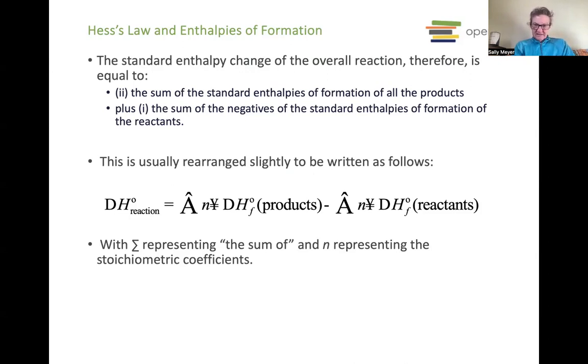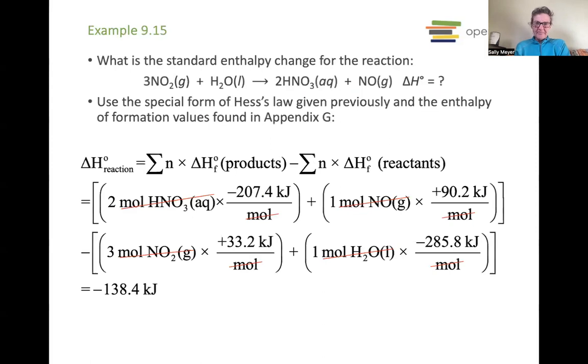So I can just tell you that what this really should say is delta H standard state reaction on the left-hand side, and that A with the hat on it should really just be a sum, with the summation representing the sum of. I'll rewrite this in class for you, but all it's doing is putting into words the top sentence. So it's a sum of all the delta H's of formation of products minus a sum of all the delta H of formation of reactants.